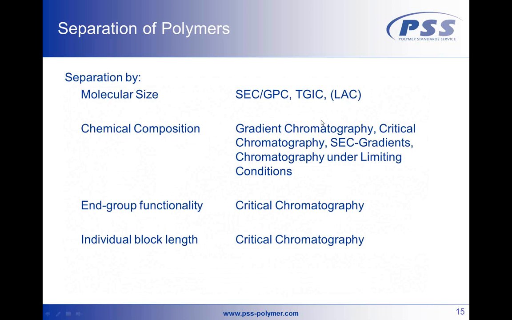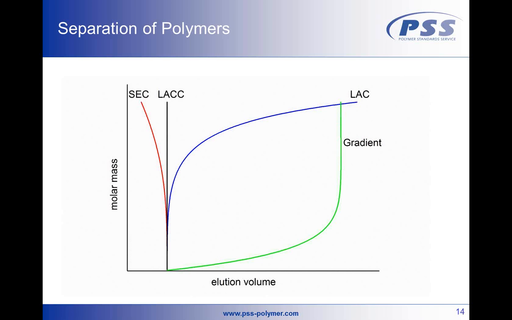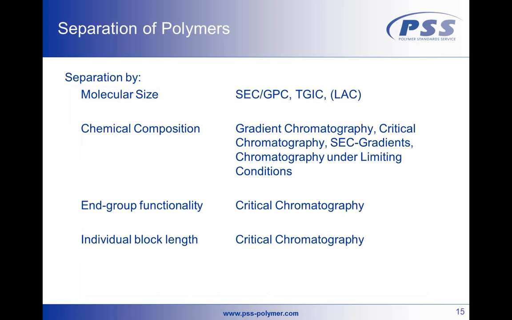As I said, I could talk about these different modes of chromatography for a long time and show you applications for it, but I have here simply a list of what might be a useful way to go if you would like to do a separation by certain parameters.